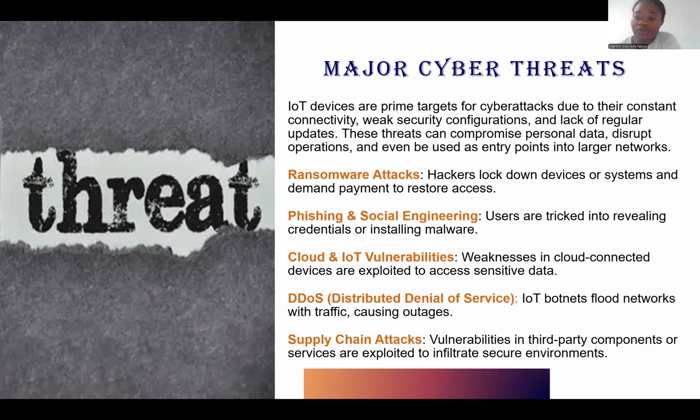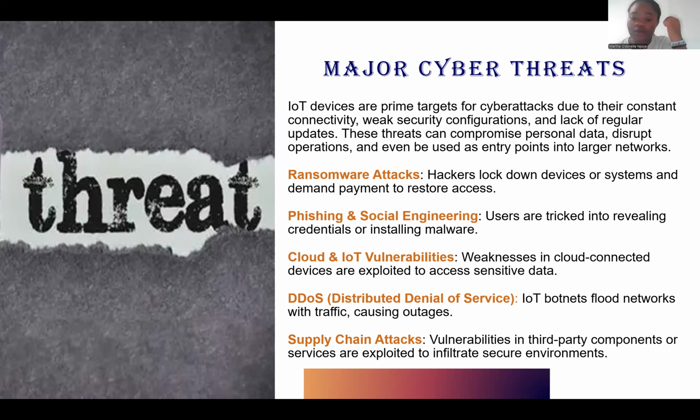Another one is phishing and social engineering. This is where users are tricked into revealing credentials or installing malware. Another one is cloud and IoT vulnerability, where weaknesses in connected devices are exploited to access sensitive data.